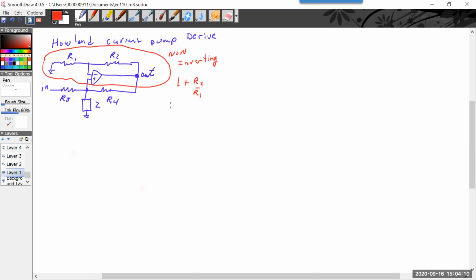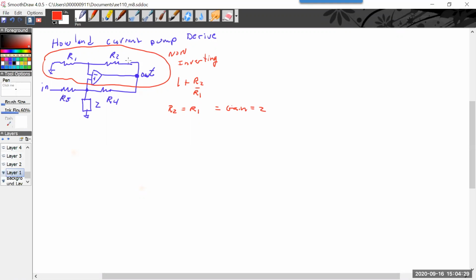And in this circuit, we set these two resistances equal to each other, so we get a gain of 2. So that's kind of important, right?